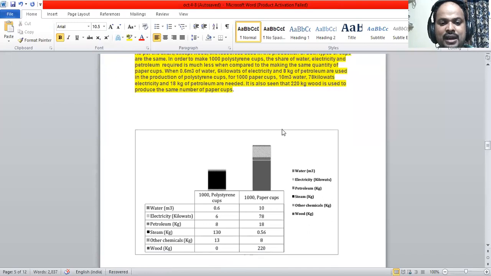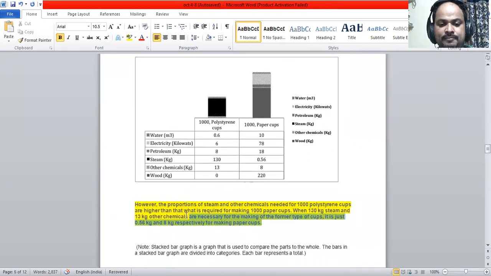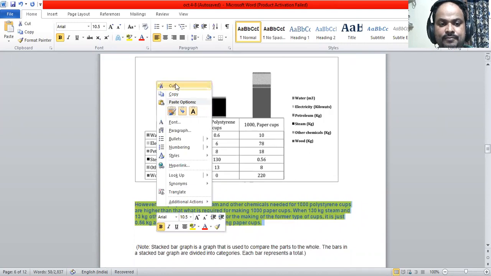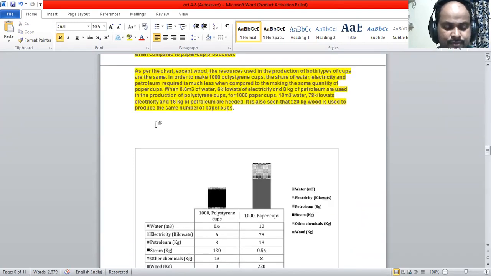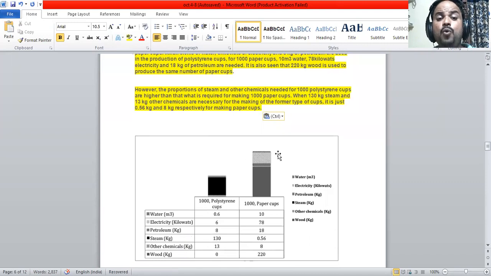Now I have the last paragraph. The proportions of steam and other chemicals needed for 1000 polystyrene cups are higher than what is required for making 1000 paper cups.